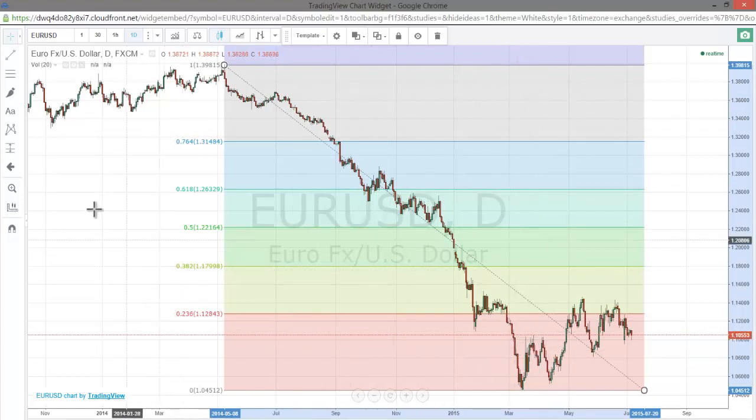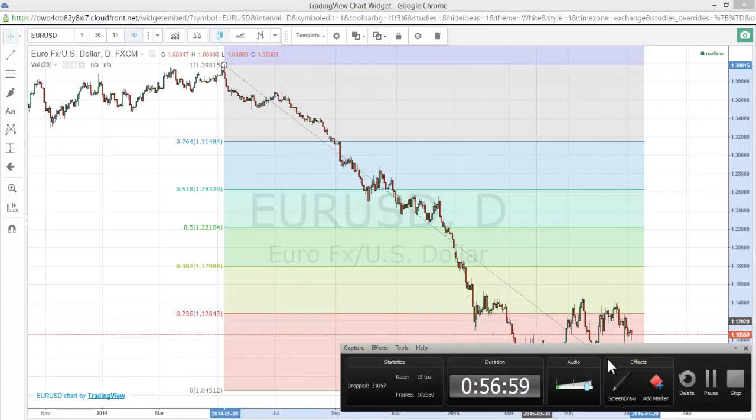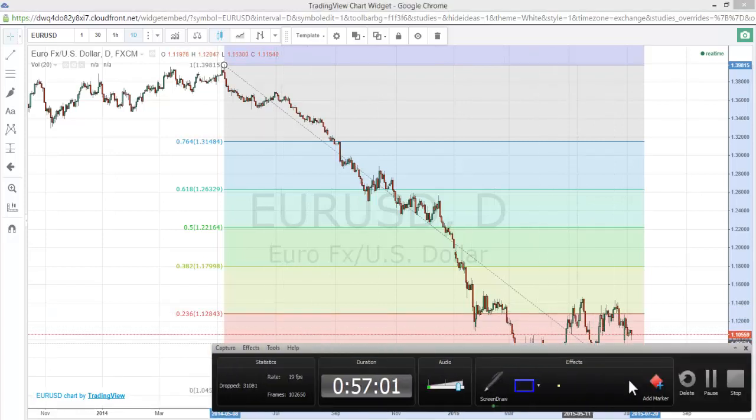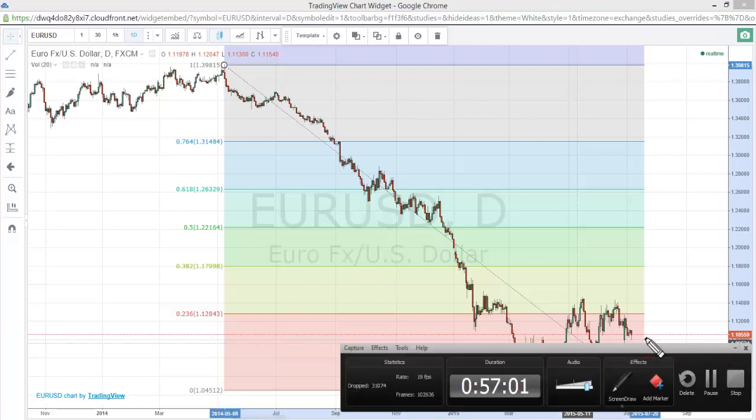Now, what are the most common places for traders to look at Fibonacci? Let me use the screen draw. I don't know if it's going to work very well, but I'll give it a go. Here we go. So, okay, the first one is the 23.6%.